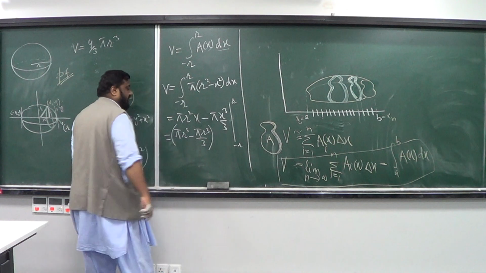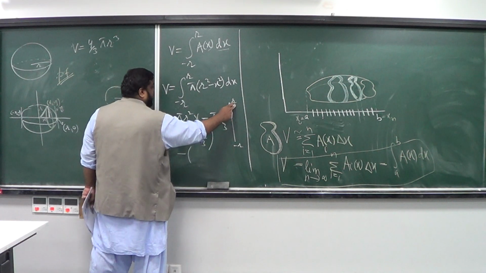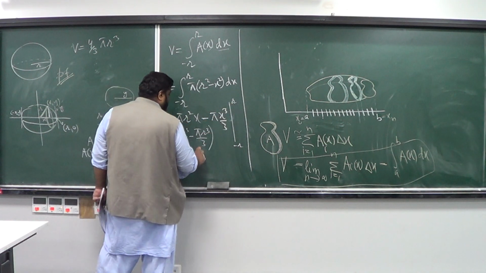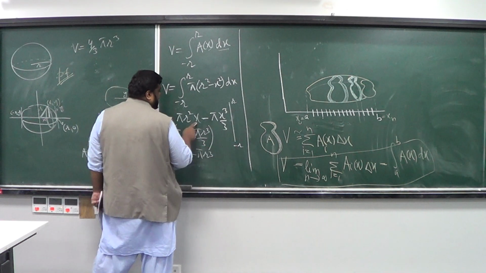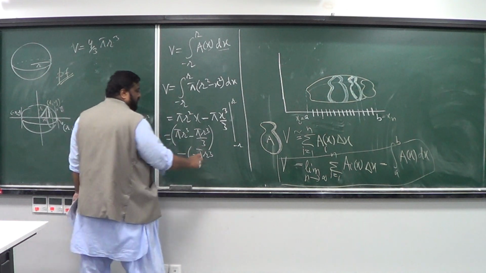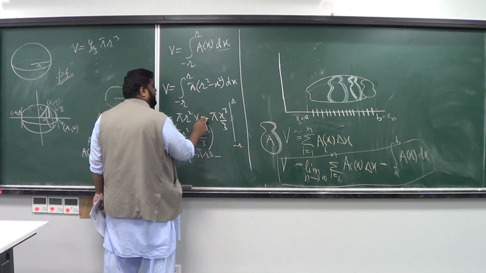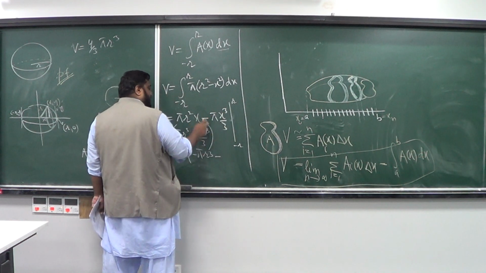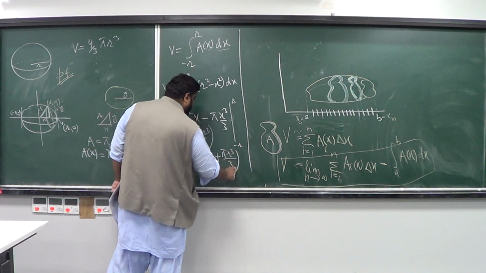Then minus, if you take negative r and substitute it, you get minus pi r cube, because minus r multiplied by r square gives minus pi r cube, and minus, substituting minus r in the second term, you get minus pi r cube multiplied by minus, so it's going to be plus pi r cube upon 3.